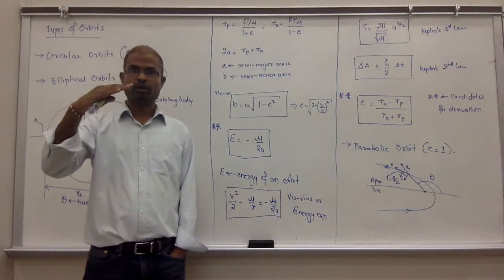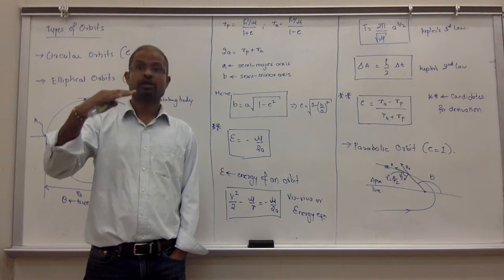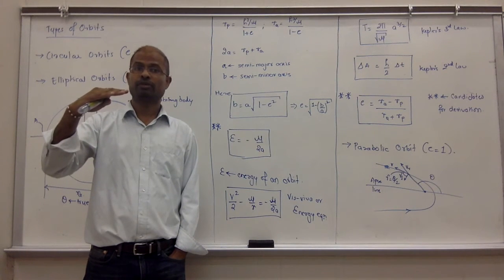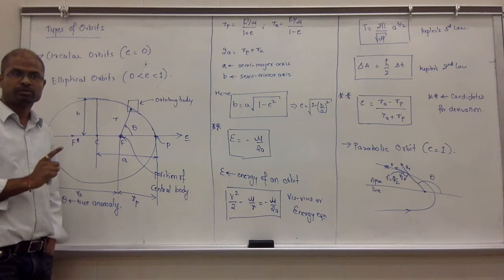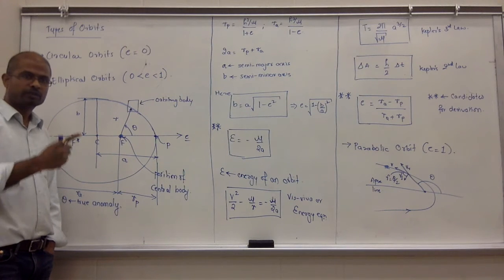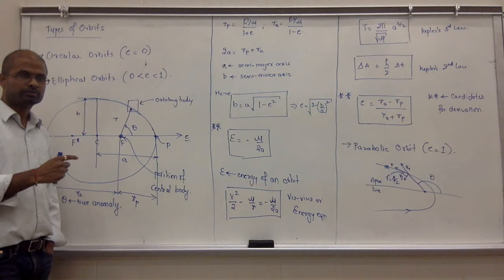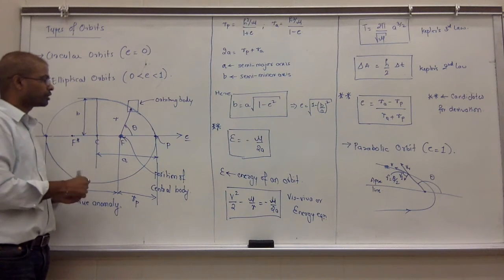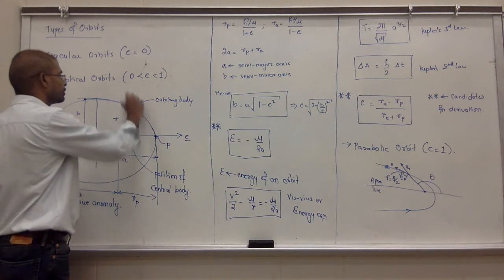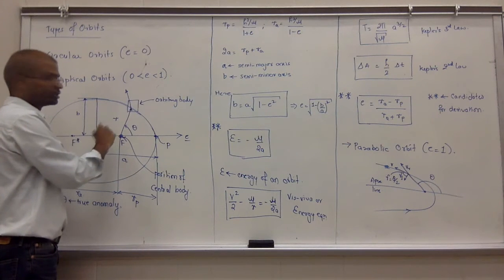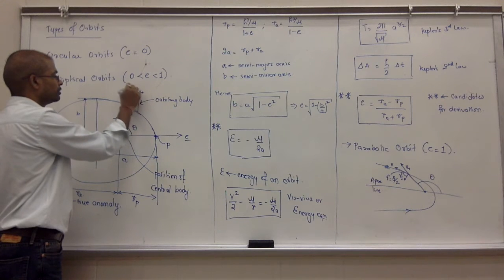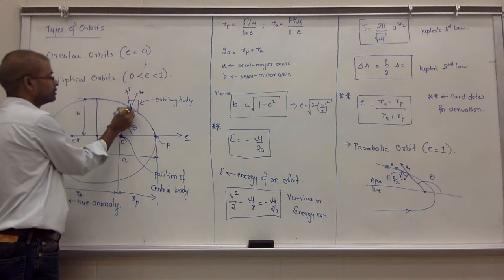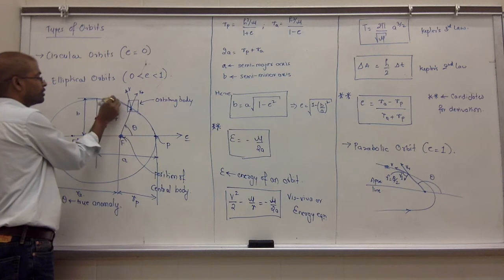You should always understand that. Why is it not tangential? If it is tangential, what happens? It spirals in. So there's always a radial component in your velocity direction. If this is your V, there is a tangential component.